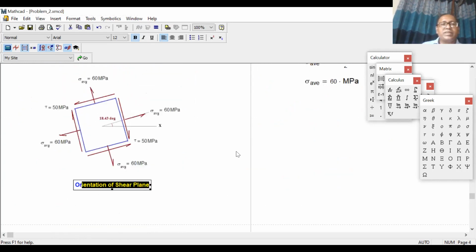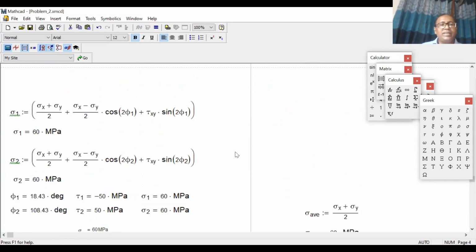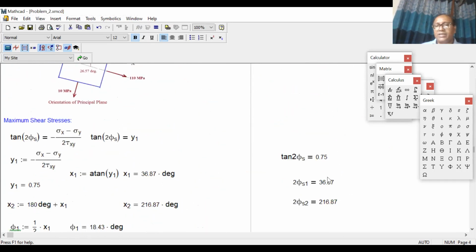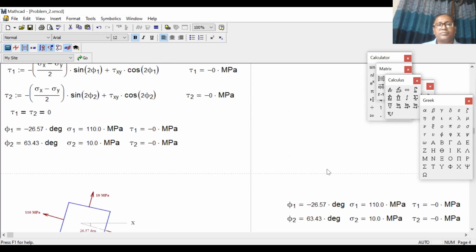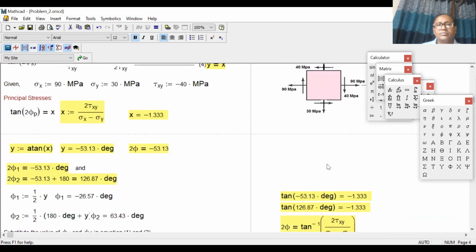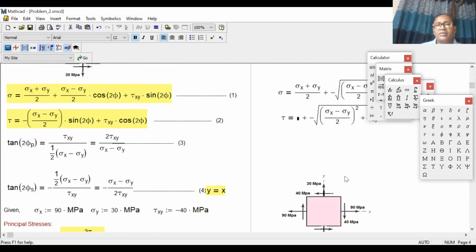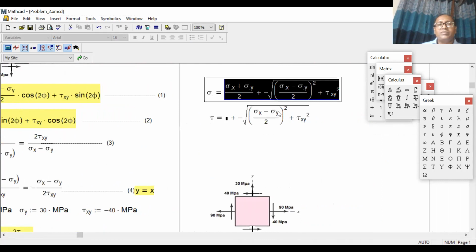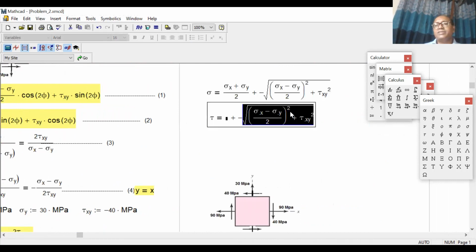Now this result you can check with the other shortcut formula. With this formula, you check it and you will see you get the same.